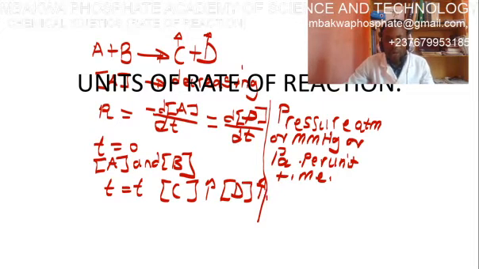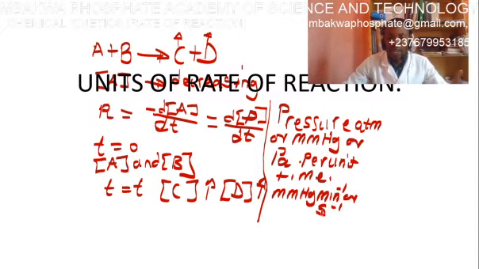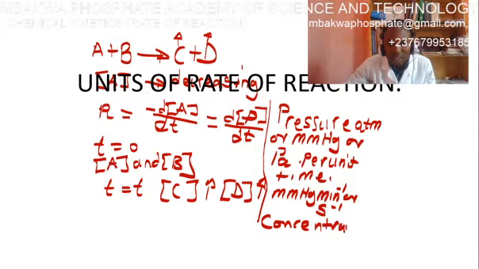It is then that we can talk about millimeter of mercury per minute or per second. The unit of time could be per minute, per second, per year, per day, per week. But if in a reaction I'm measuring change in concentration, I know that concentration is measured in mole per dm cube.